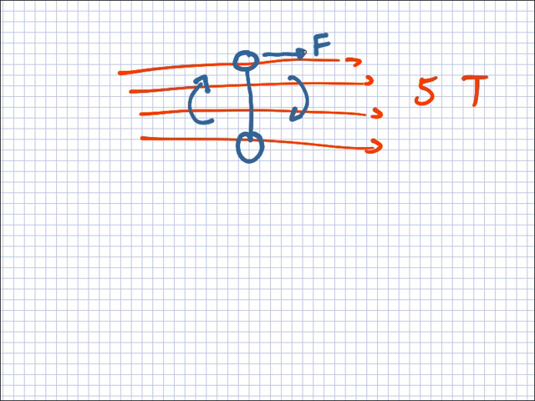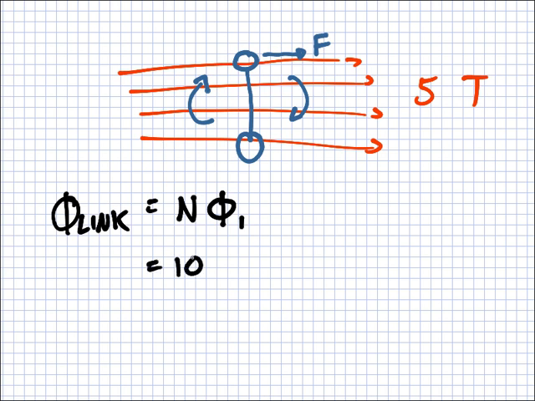But anyways, the first thing I want to do is calculate the flux linkage in this position. And this will be N times flux. The N here is 10, and the flux is B A cos theta. What's the B here? 5, is it?